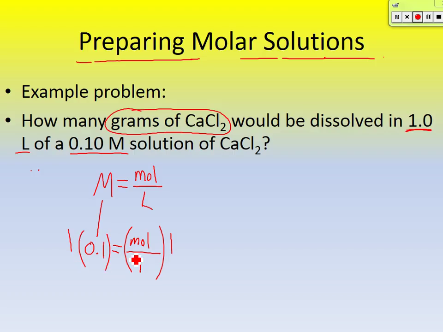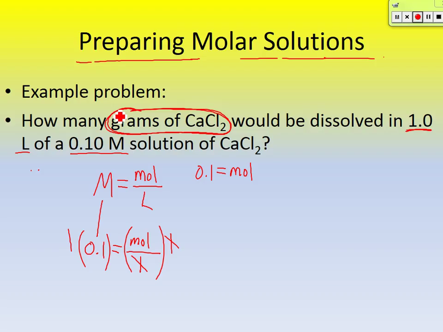It cancels out here. 1 times 0.1 is 0.1. So 0.1 is equal to the moles. Is that what it was asking us? No. It wanted to know the grams. So is there a way we could take this and go to grams? Sure. Let's use that stoichiometry and go in the opposite direction.